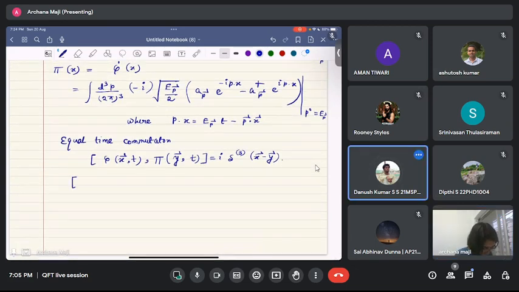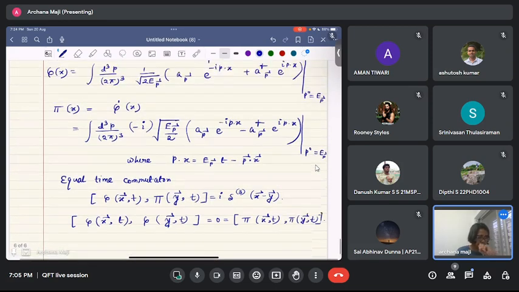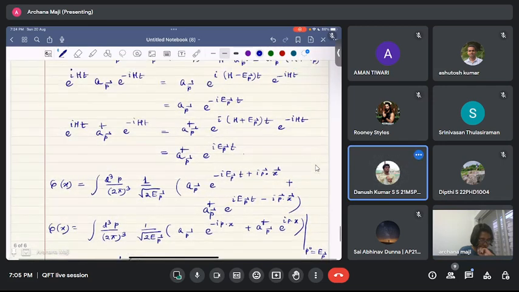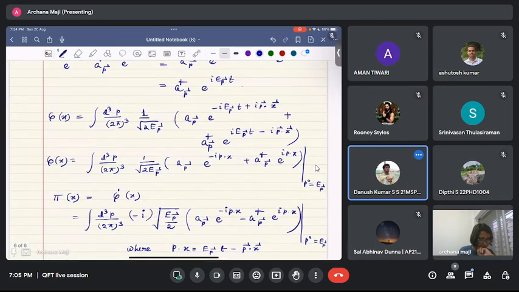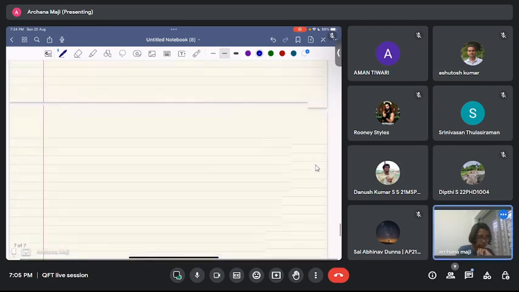Fine. And the other commutators vanish as before.